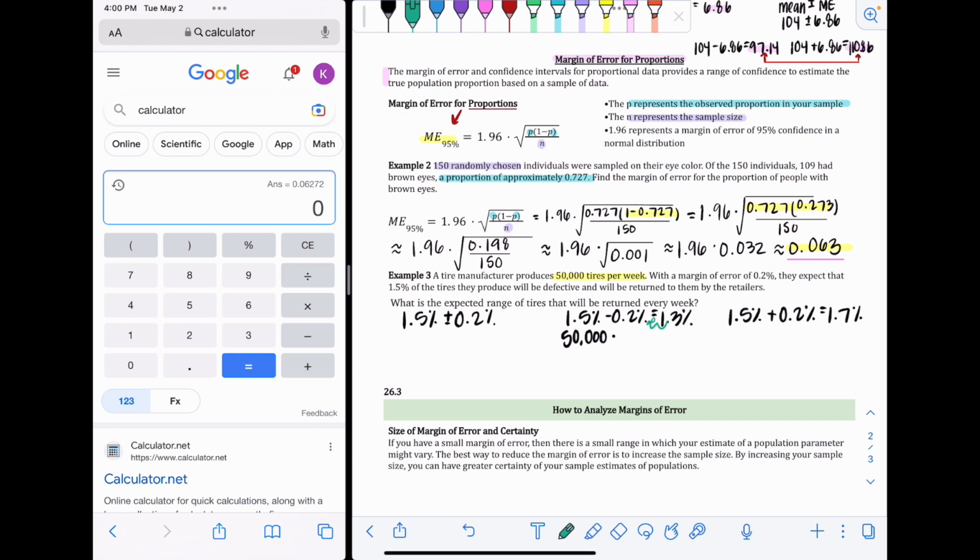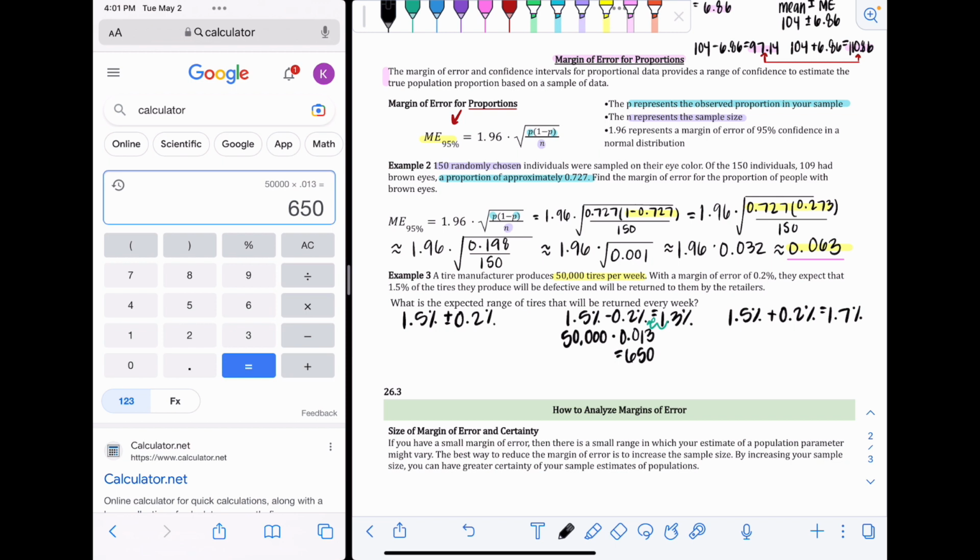I would add a placeholder in there, and so that would become 0.013. You can also do 1.3 divided by 100 to convert it to a decimal, which ended up being 0.013 as well. So 50,000 times 0.013 ends up being 650. So 650 is the least amount of tires that they anticipate will need to be returned.